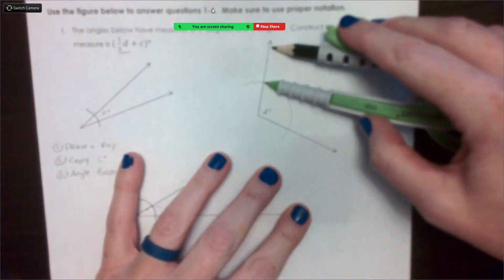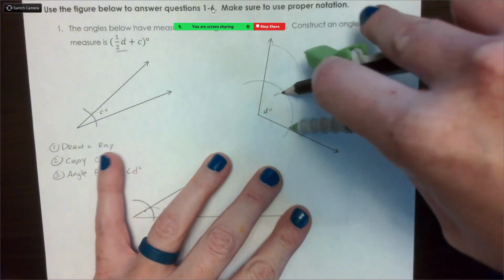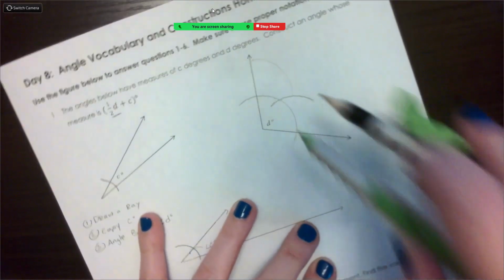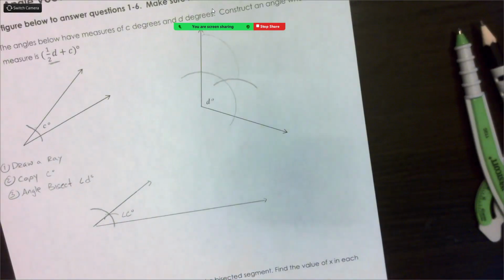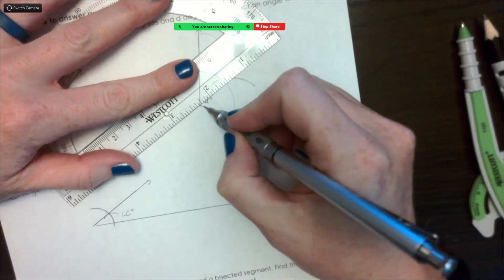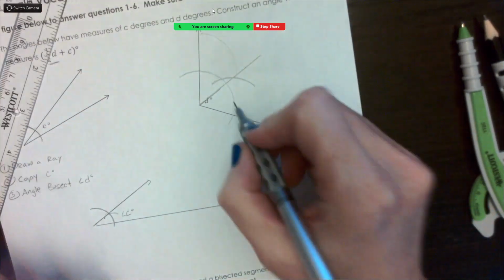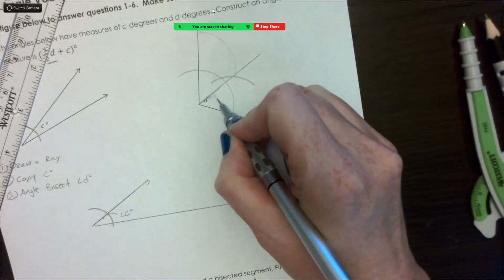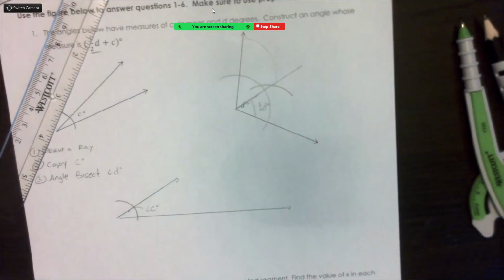Make sure I re-register that. Make those arcs a little bit bigger than maybe you even think, and you can see where they're going to intersect. So we'll create that angle bisector. Over here, we have half of D.